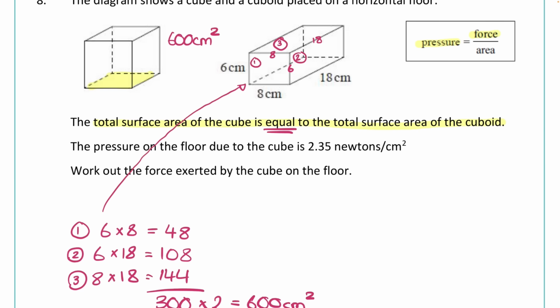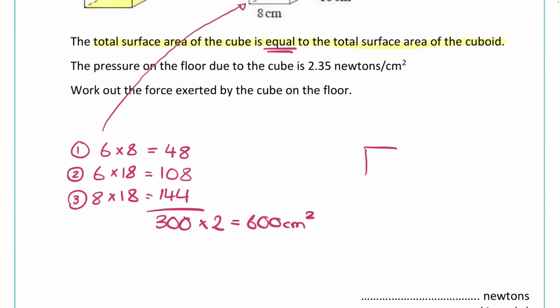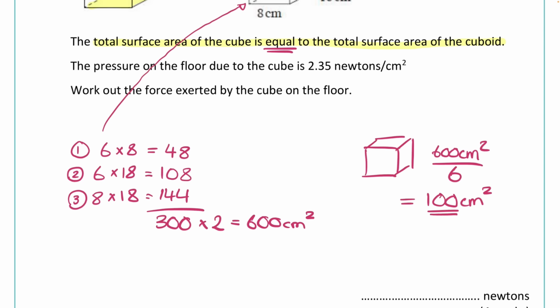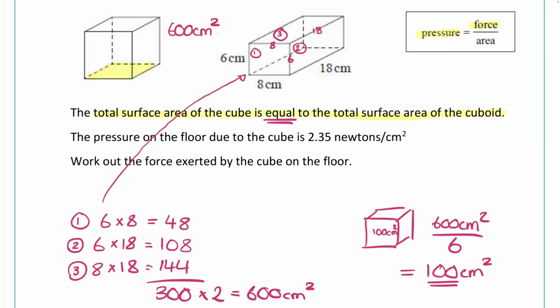So a cube, which of course has 6 equal faces, if its surface area is 600, then we would want to divide that by 6, which gives us the area of one face, which is 100 centimetres squared. So if the area of one face is 100 centimetres squared, then the area of the base is also 100 centimetres squared. So here it says the pressure on the floor due to the cube is 2.35.